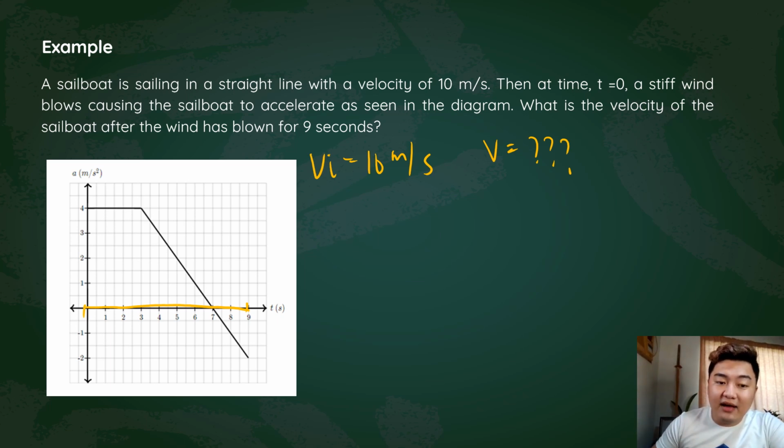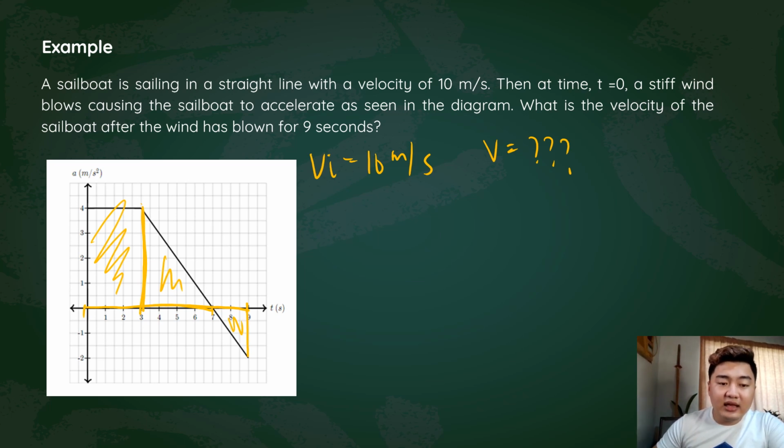But since we have changing slopes here, we can divide the graph into different shapes. So we have here a rectangle and 2 triangles. So we just need to add all of the areas here.